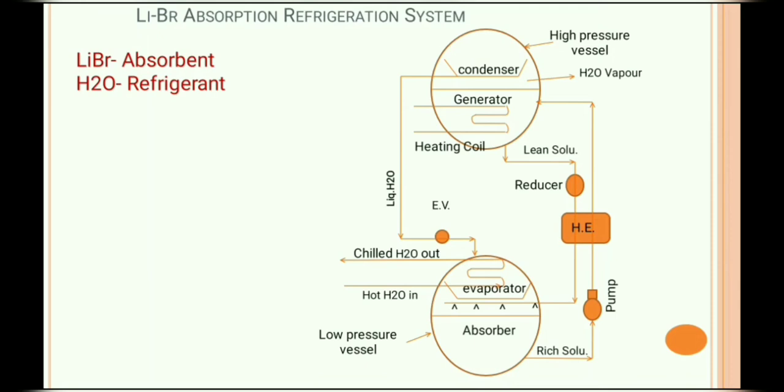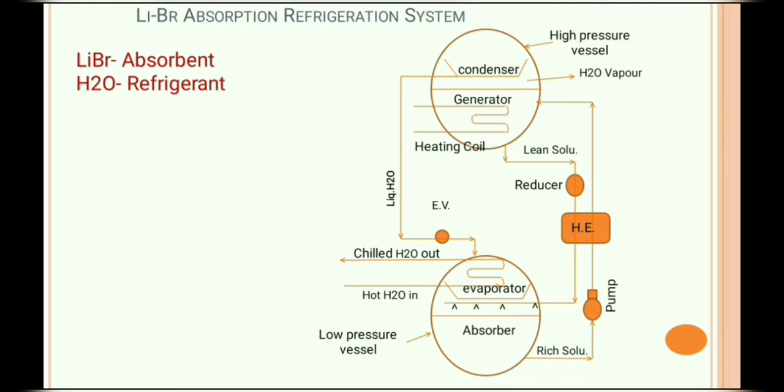Okay, due to loss of heat, the temperature of that hot fluid decreases, and therefore the lean solution which enters into the absorber has a lesser temperature, and due to this the performance of the system will increase.